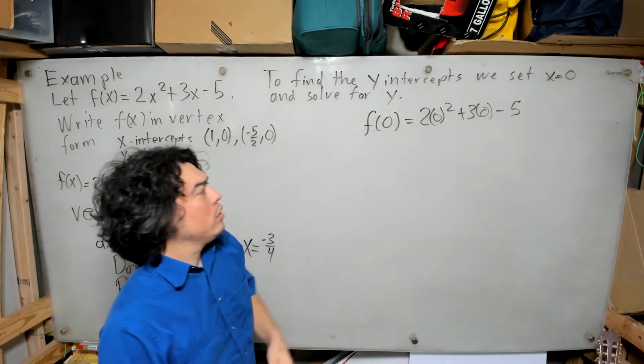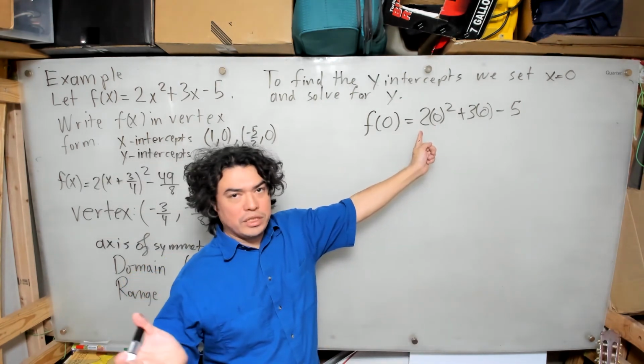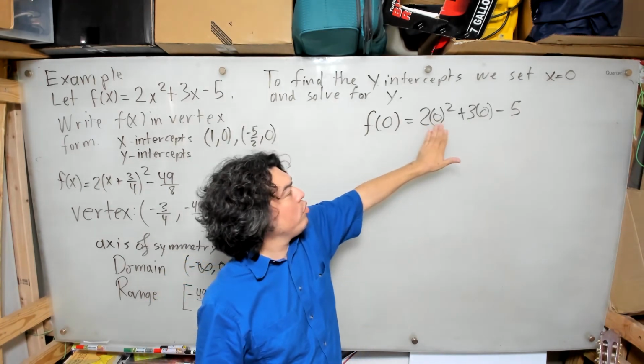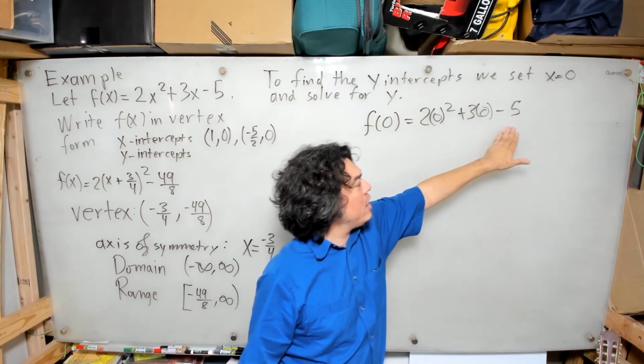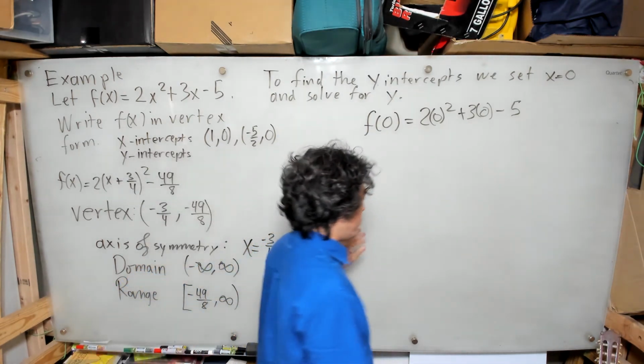Now, 0 squared is 0, times 2 is still 0. 3 times 0 is 0. So I have 0 plus 0 minus 5, that's negative 5.